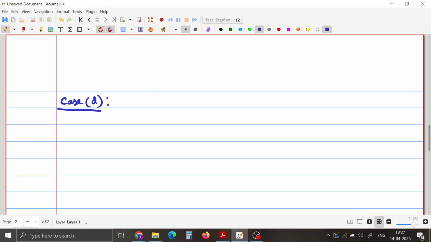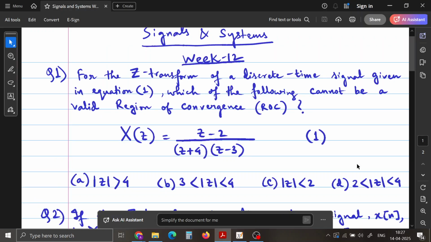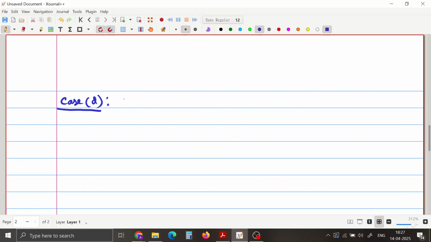But still we are going to check it anyways. So let's do that. So look at what was option D. So mod Z between 2 and plus 4. So this is the given region.